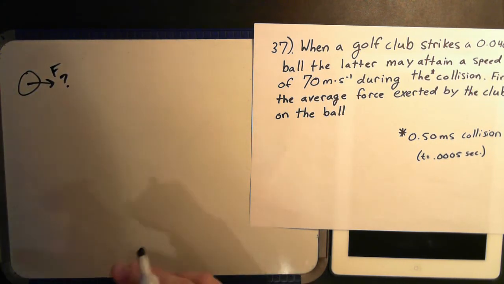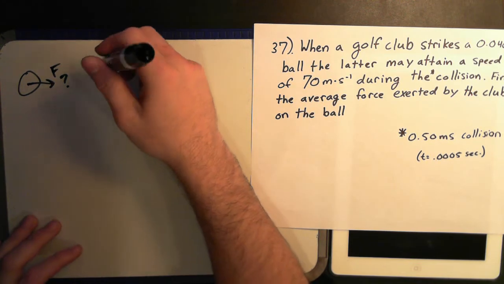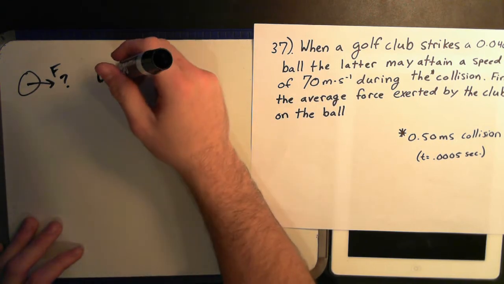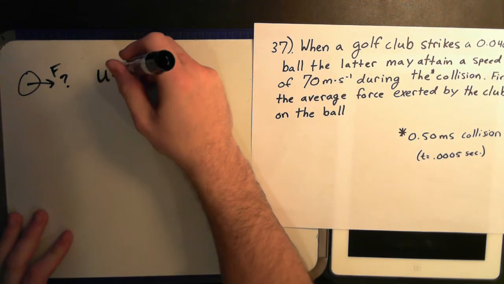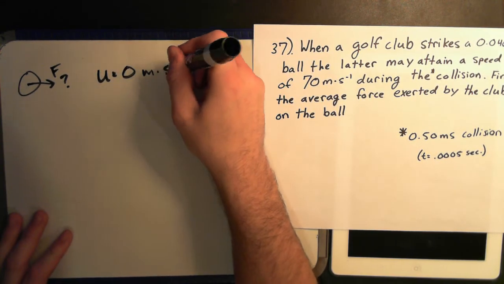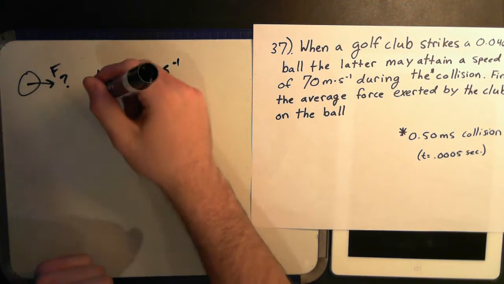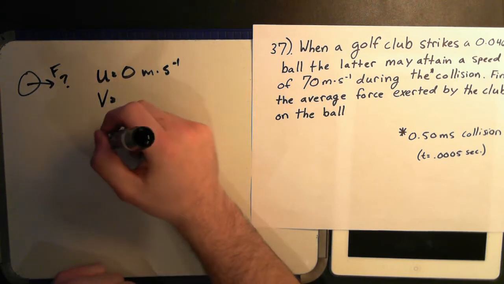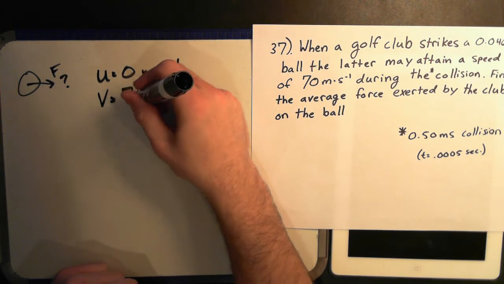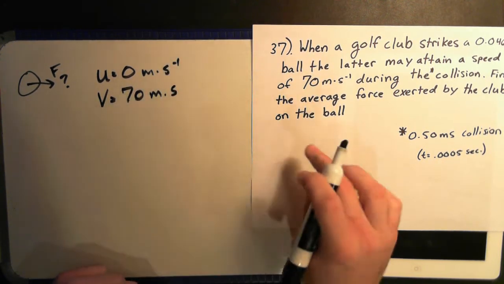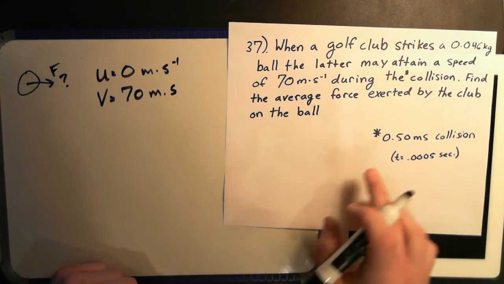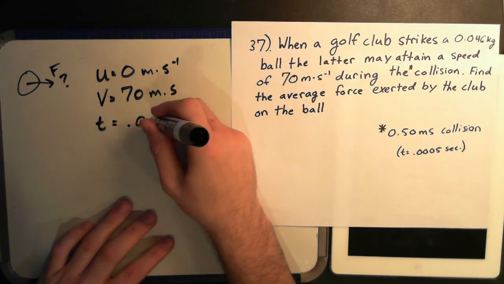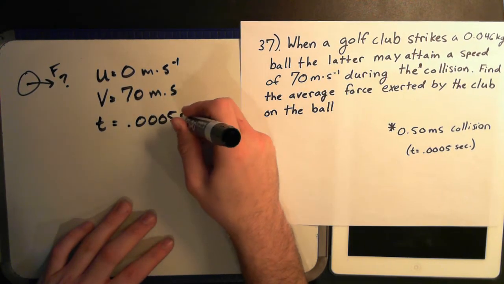Let's go through our variables. In IB land, we use u for initial velocity. The initial velocity of this ball is going to be 0 meters per second, because the ball's not going anywhere at the beginning. The ending velocity, v in IB land, is going to be 70 meters per second, and the time is going to be 0.0005 seconds.